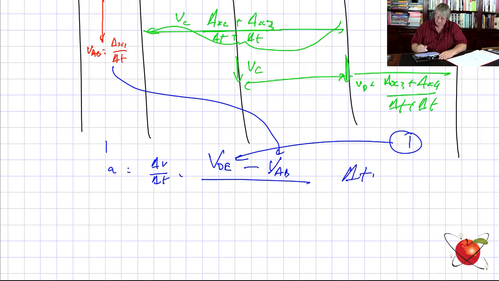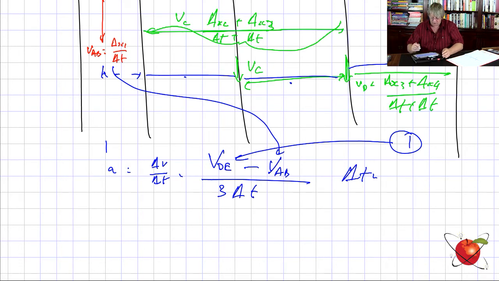Delta T is going to be this time here, there, there, and there. And remember, from here to here is half. So it's going to be delta T plus 2 half delta T's, so delta T plus delta T plus delta T is 3 delta T.